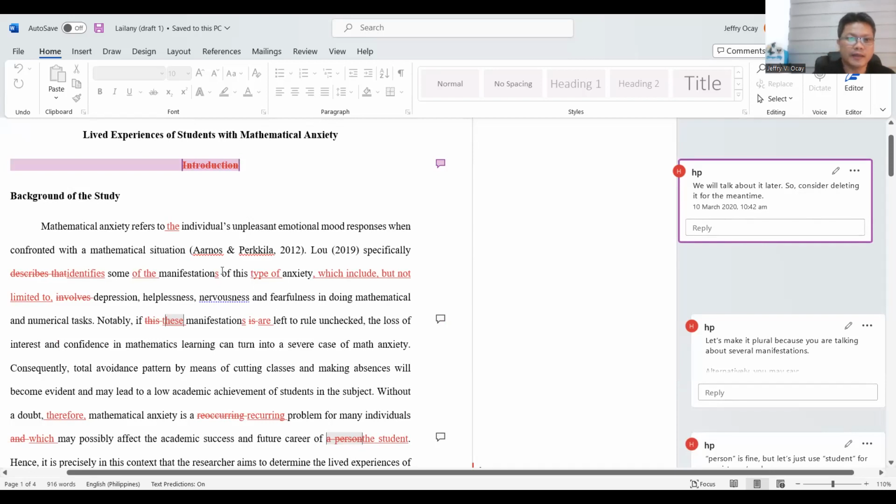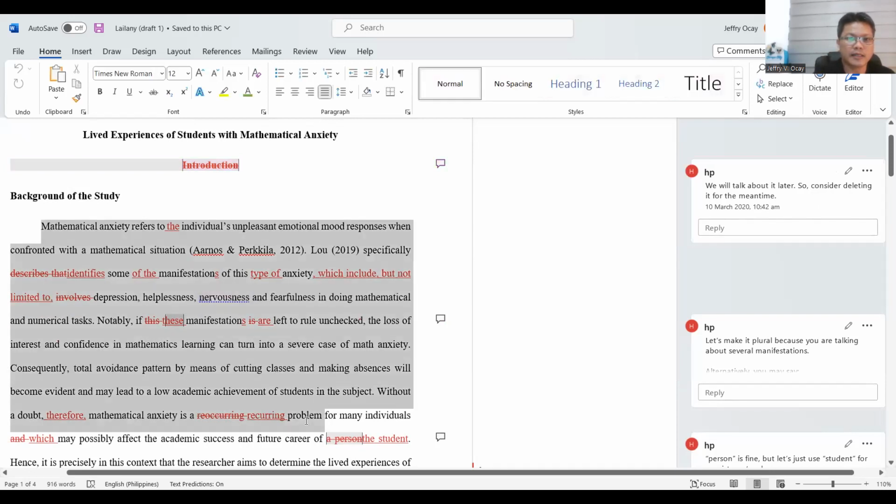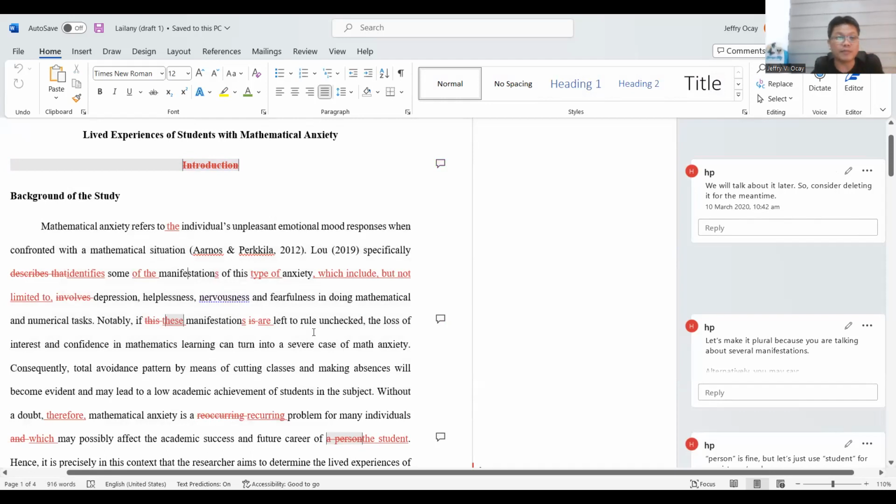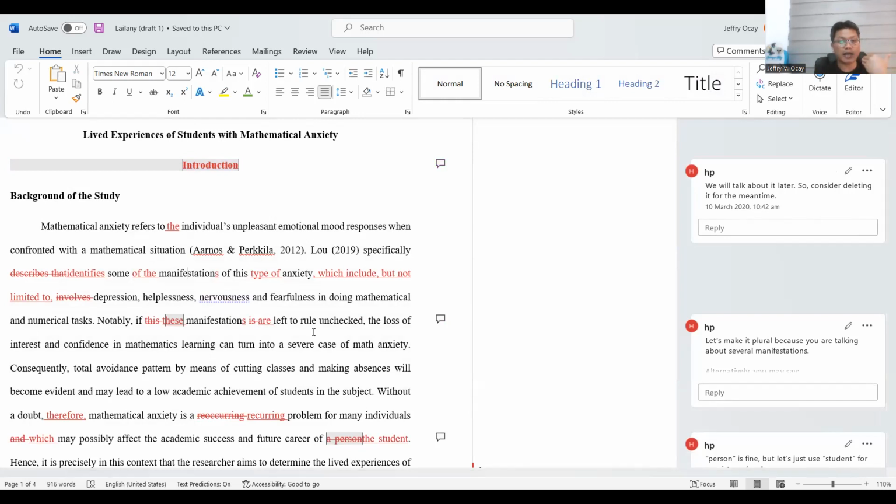And then as you can see in the text here, I do some editing and proofreading, because as advisor, of course, it is our responsibility to review the work of our advisee, and it's also our responsibility to do some editing and proofreading and add ideas or even phrases or sentences.